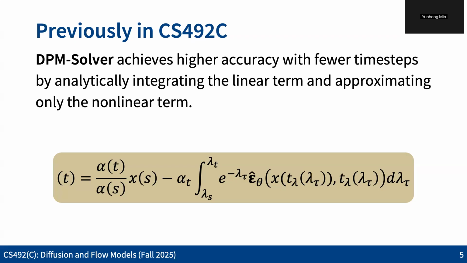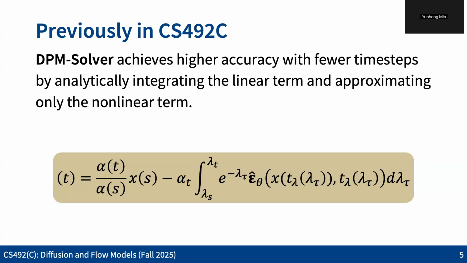And we could go further, which means we could do a higher order approximation for the nonlinear part and achieve even better results with an even fewer number of steps. So I guess some of you might now try to implement the higher order DPM solver to reduce the number of steps in your code, but we'll see.